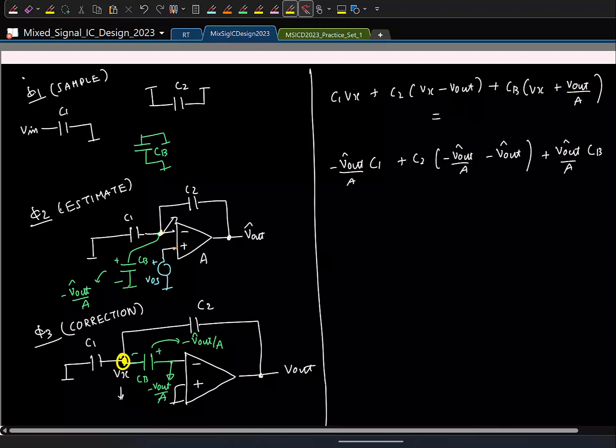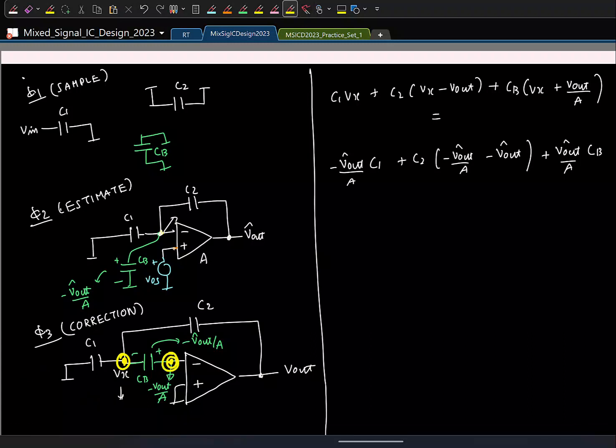So now I am interested in V out, so I need to find Vx and V out hat. Vx is the voltage here, so I'll have to apply charge conservation in some other node, and we already have that node which is here. If I do that, what do I get? I just have one capacitor connected, no charge flows into the op-amp input. So what is the charge in the capacitor CB?